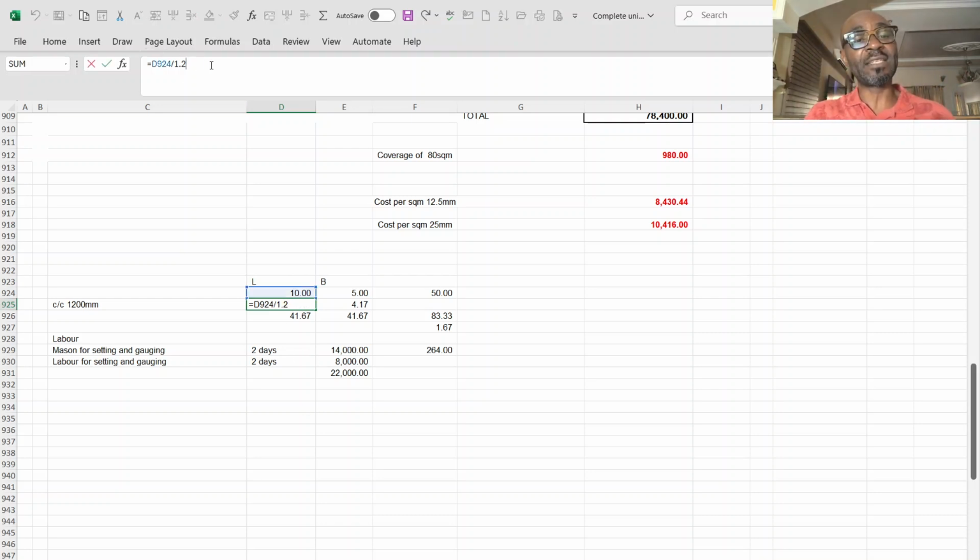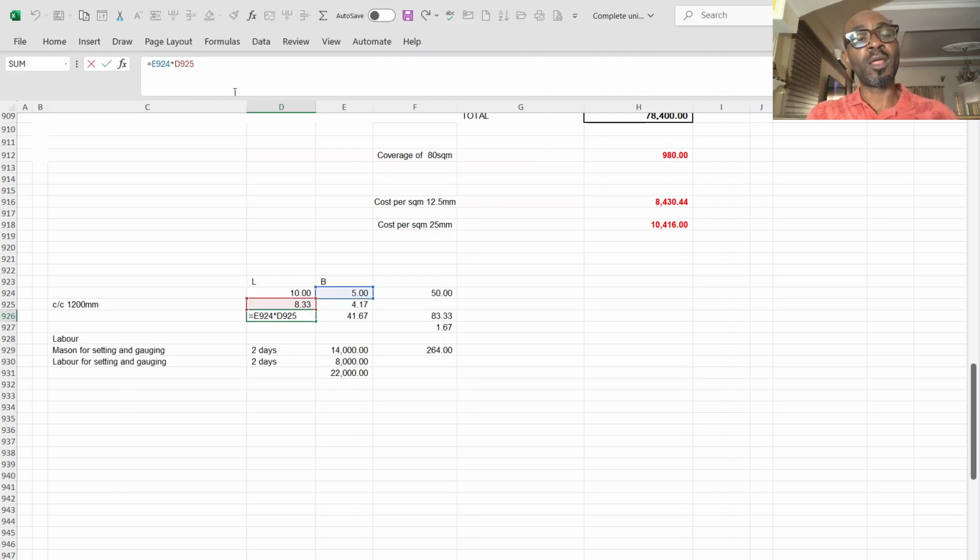So I divided 10 by 1.2, then I divided 5 by 1.2. Then I have these numbers as the numbers of grids I need to put using the ebonite strip.